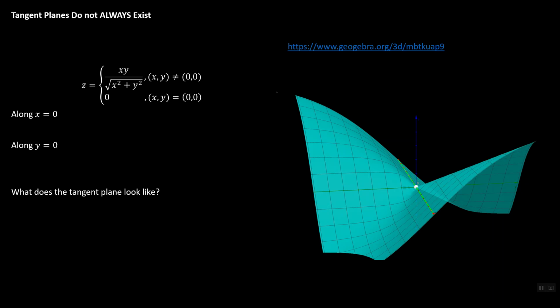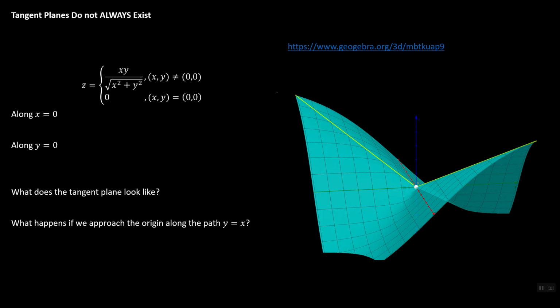But if we were to pick a different path, like maybe the path y equals x, and we see how that intersects our surface, we can see that this almost looks like the absolute value function. So this yellow line drawn out on our surface, that's the intersection of the plane y equals x and the surface z. And if you look on one half of that yellow line, the slope is negative.